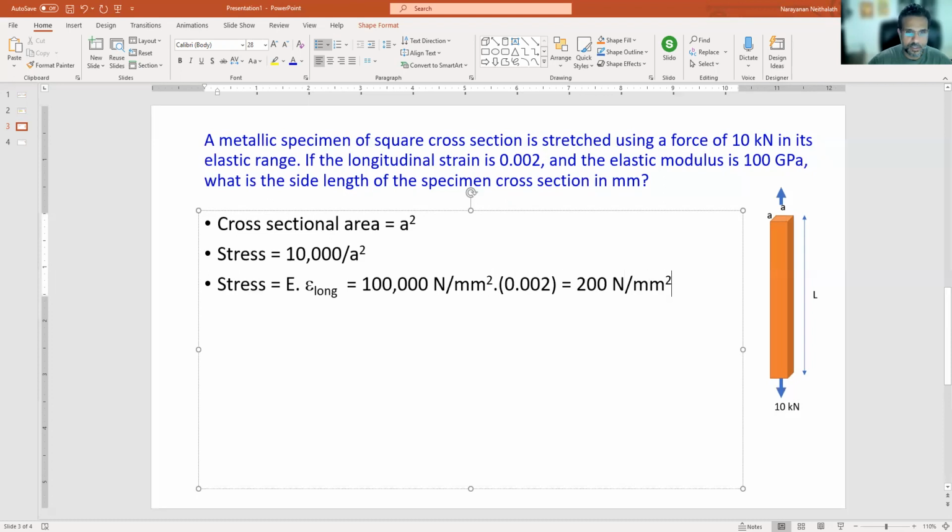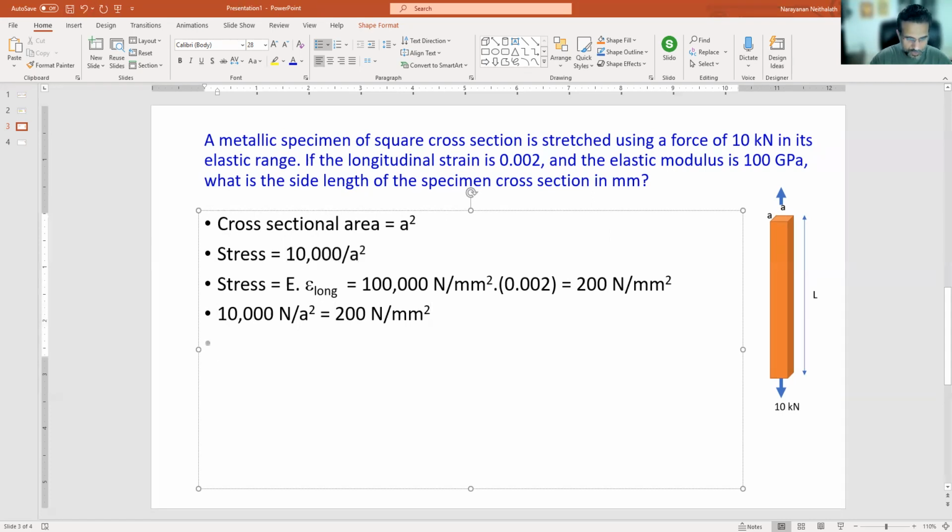So this is your stress. Now, what is that? That is equal to 10,000 Newton over A square, correct? So you can equate both of those. You can say that 10,000 Newtons over A square is equal to 200 Newtons per millimeter square. Therefore, A square will be in millimeter square.